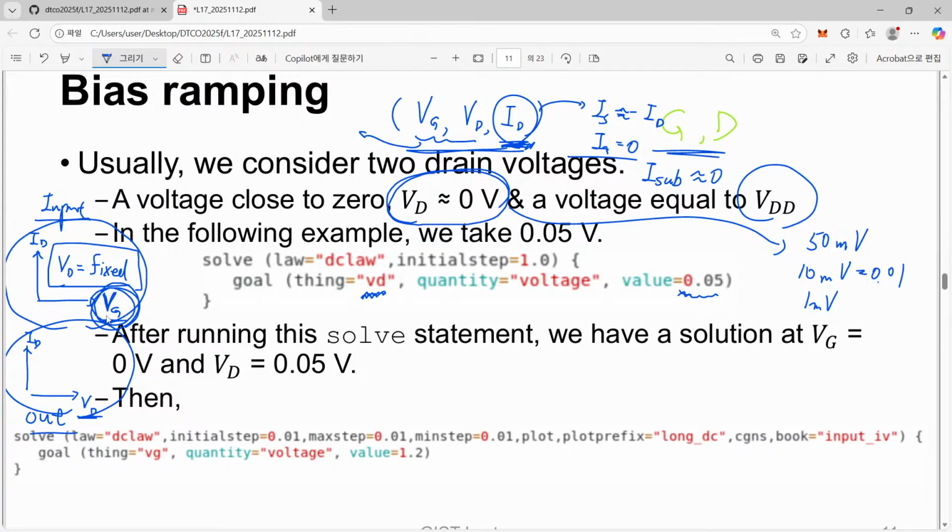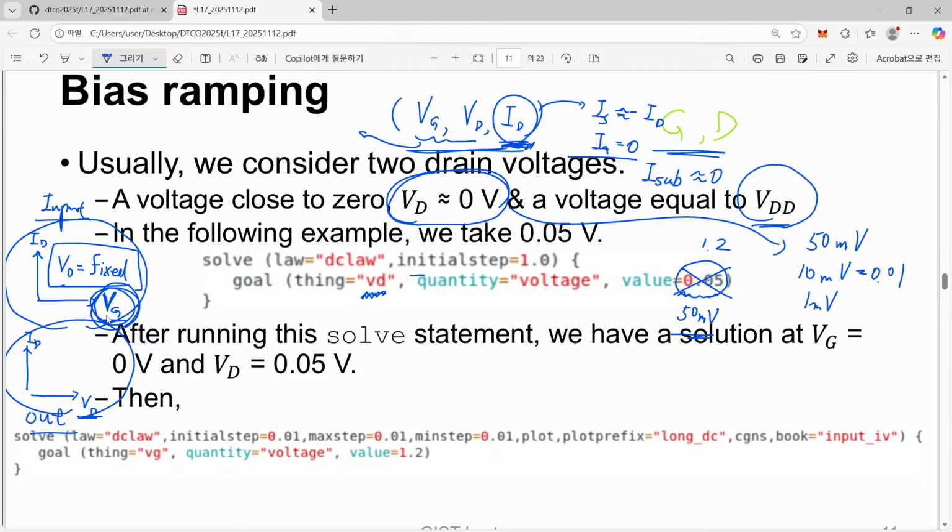Anyway, in this case, I just adopt 50 millivolt as a linear one and apply VDD. If you wanted to have VDD, then of course you can say 1.2 volt. But please be careful. If you just naively say 1.2 in this case and run your simulation, I'm afraid that your simulation will fail.